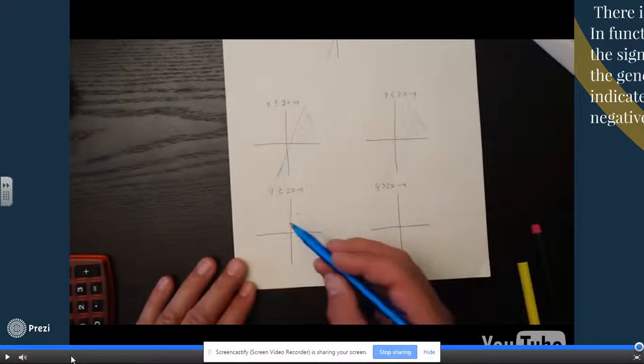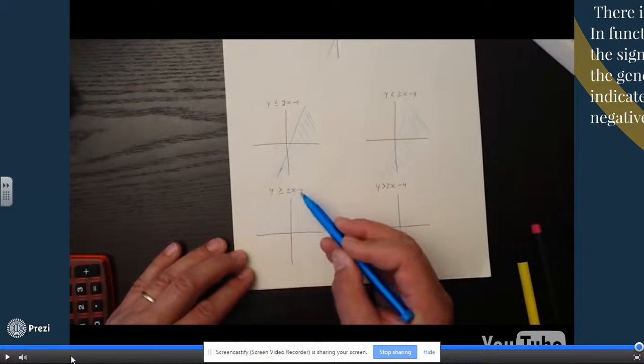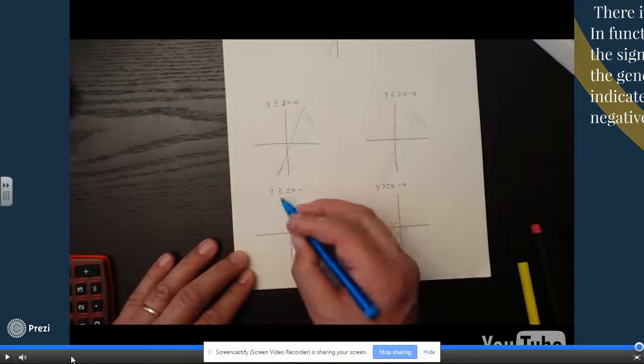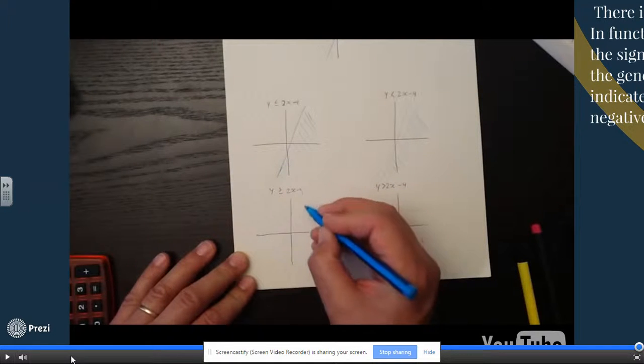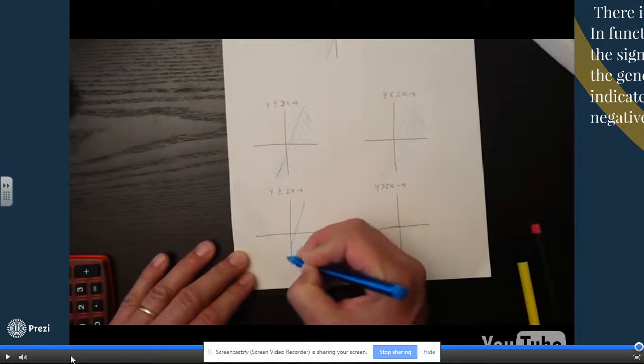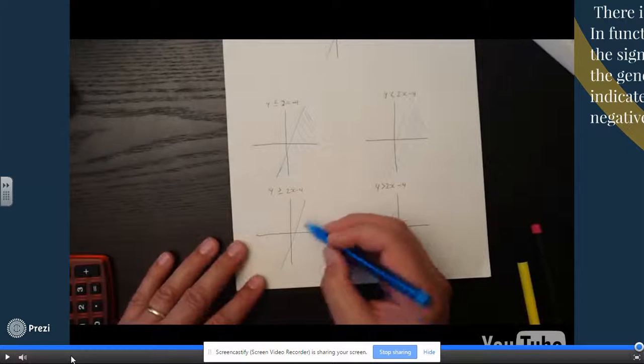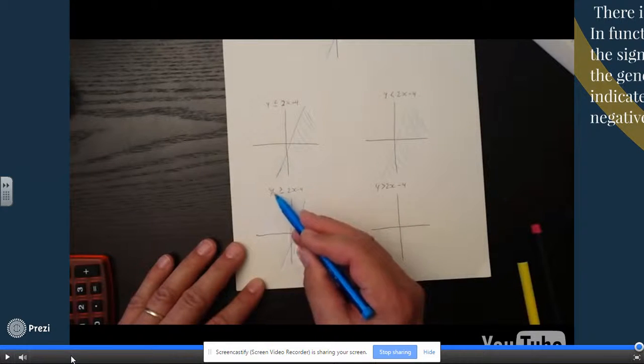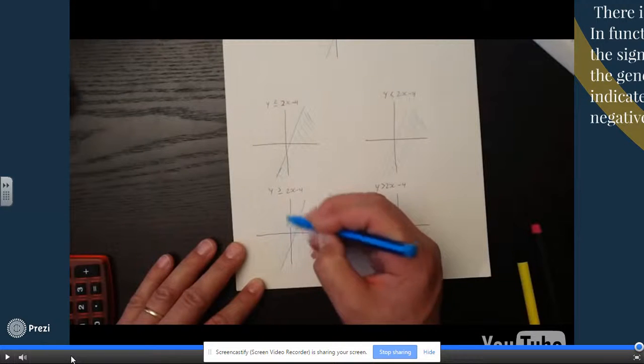Same over here, we've got greater than or equal to 2x minus 4, so because it's greater than or equal to, the line, y equal to 2x minus 4, is part of the solution set, and greater than means the upper half plane.